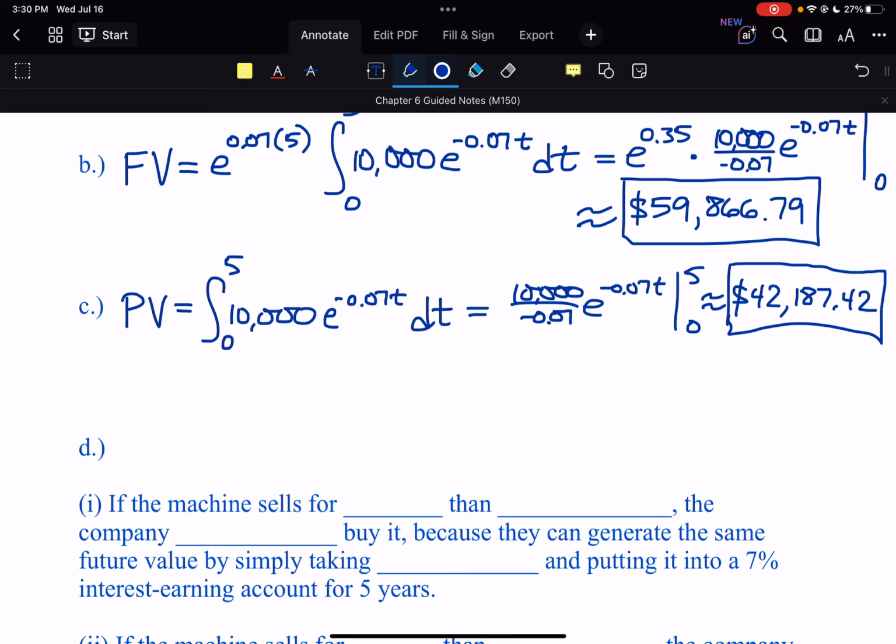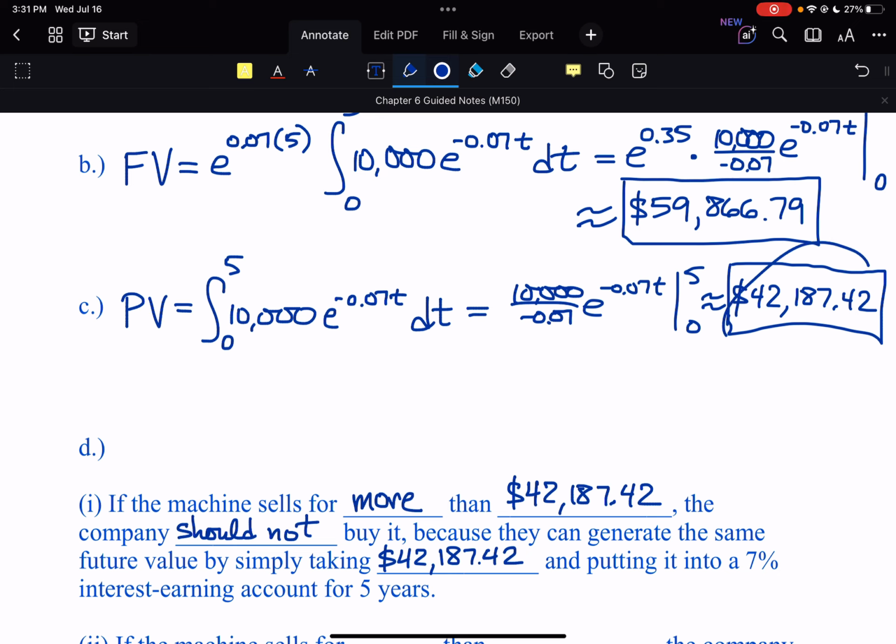So what this means is that if the machine sells for more than $42,187.42, then the company should not buy it, because they can generate the same future value by simply taking that $42,187.42 and putting it into a 7% interest earning account for 5 years.